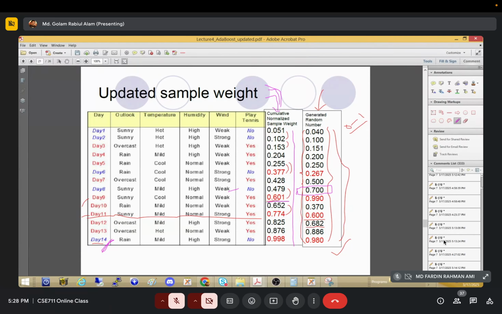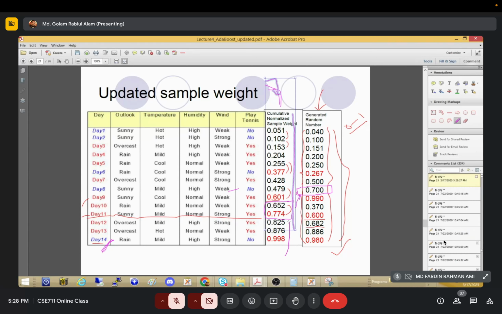If we consider the interval 0.652 to 0.774, within this boundary we will get 0.700. So we have to find out this interval.